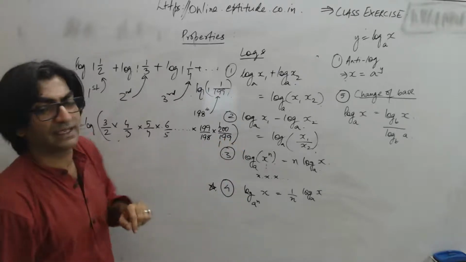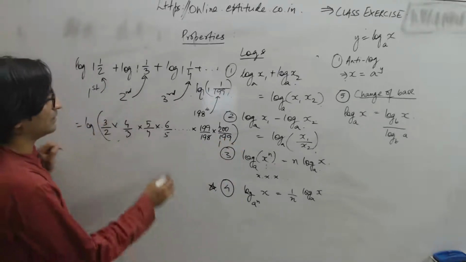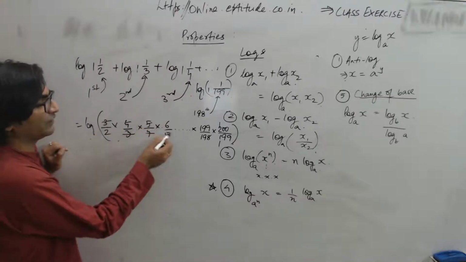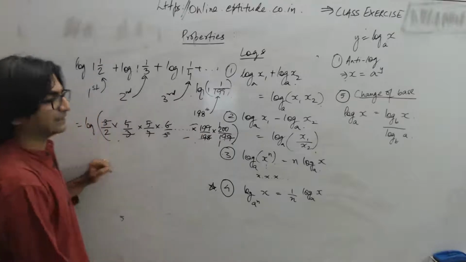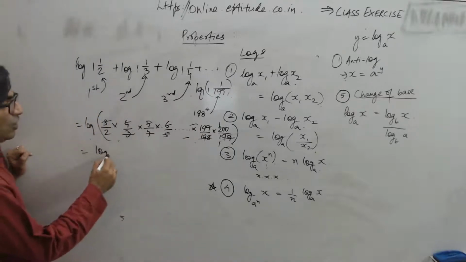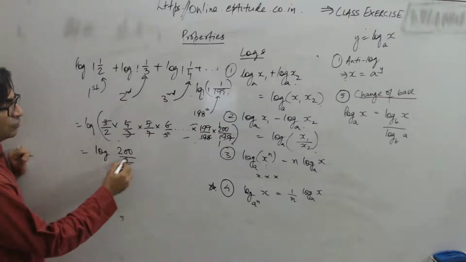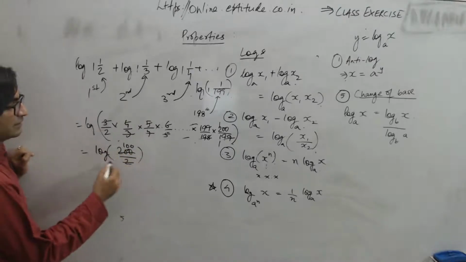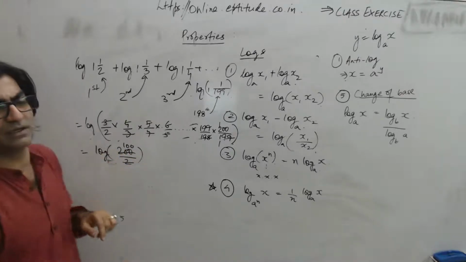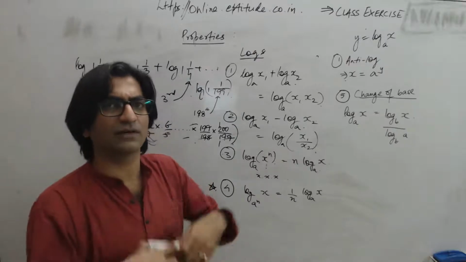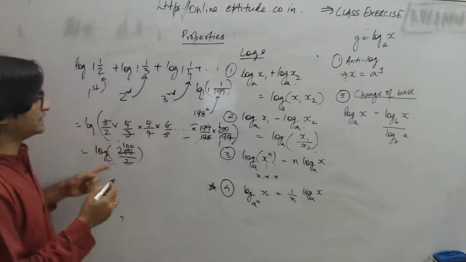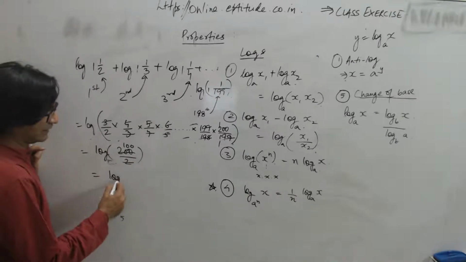So here's what I get. And then you can see 3, 3, 4, 4, 5, 5, 6, 6, all the way till 199. Everything gets cancelled. So what do I get? I get log of 200 upon 2, which is log 100. And remember, whenever the base of a logarithm is not given, in fact it is given here, but even if it weren't, whenever the base is not mentioned, you will treat the base as 10.